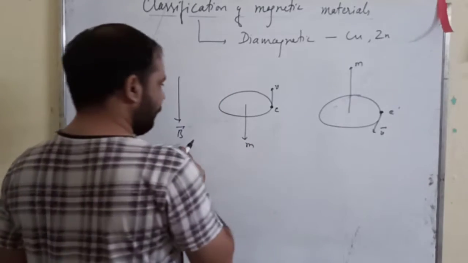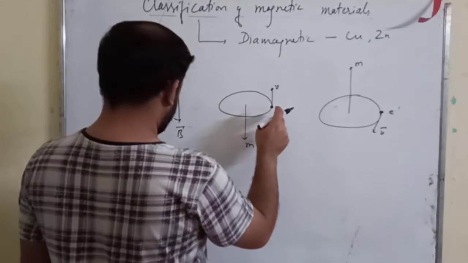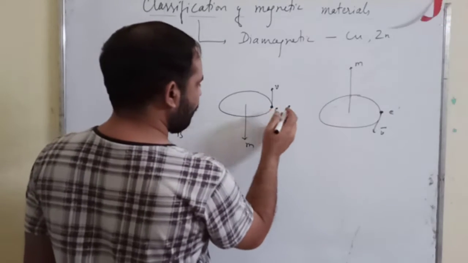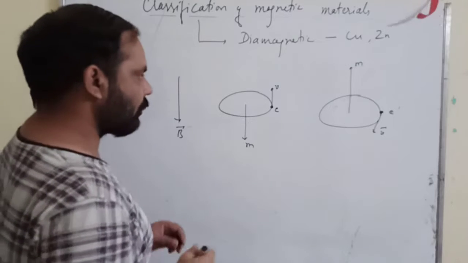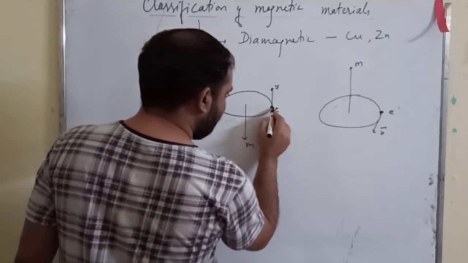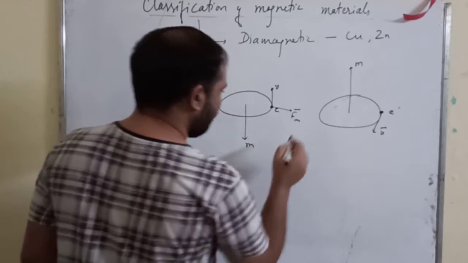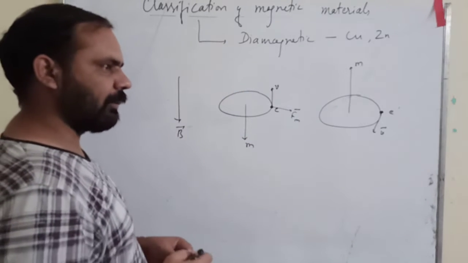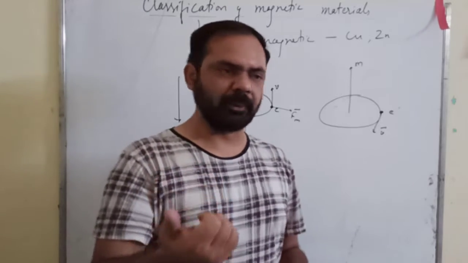So what will happen? This electron here is having the velocity in this direction, so it will experience a magnetic Lorentz force in this direction, Fm. You can obtain the direction with the help of the right hand thumb rule.